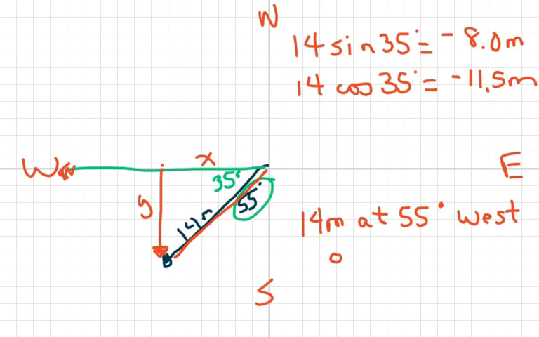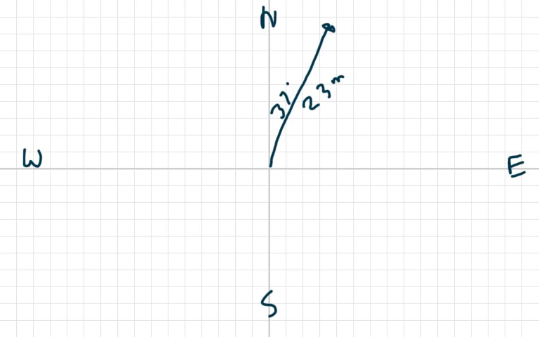So if you don't know how to do that, please watch my previous video. And we're going to do one more. Again, this is a 37, so you're going to take 90 minus 37, and we get 53 degrees here.